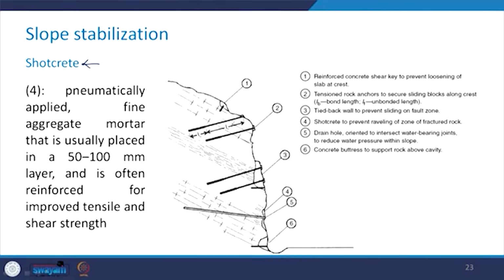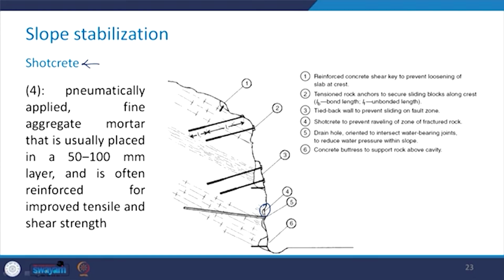The fourth and very important, very commonly adopted slope stabilization measure is the placement of shotcrete. So, this is the fourth portion, that is this one. This is very simple: it is pneumatically applied fine aggregate mortar that is usually placed in a 50 to 100 millimeter thick layer and is often reinforced to improve tensile and shear strength.